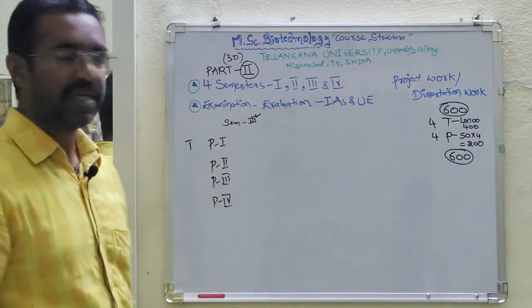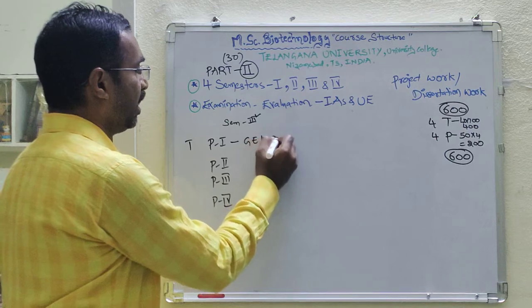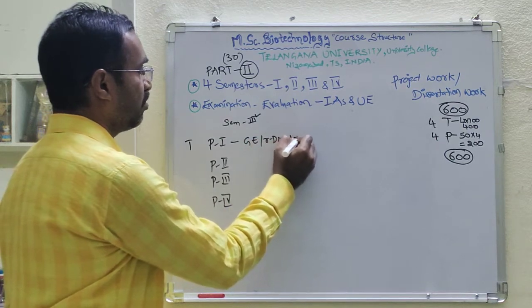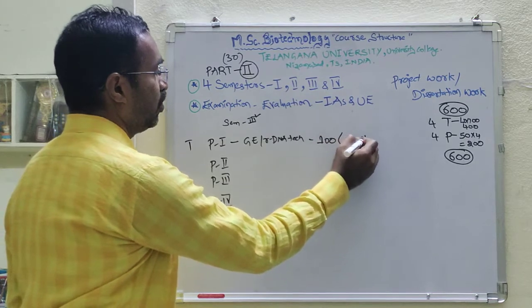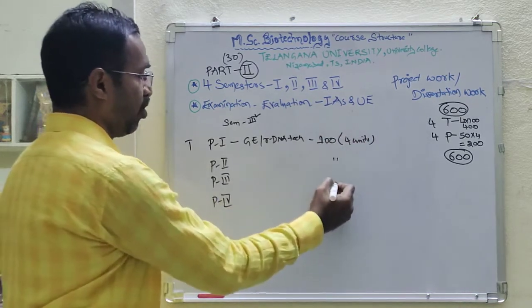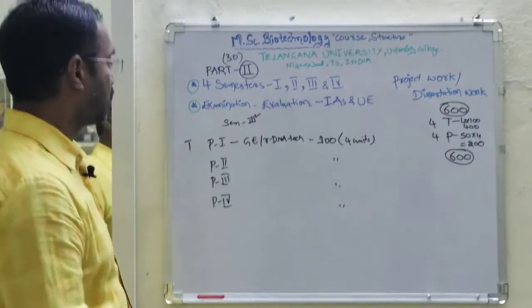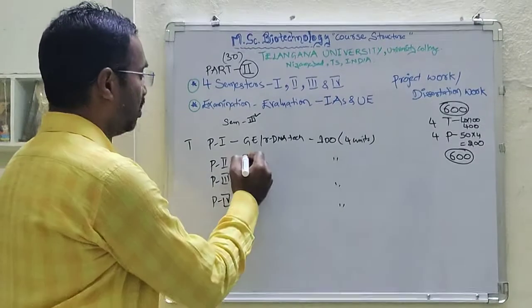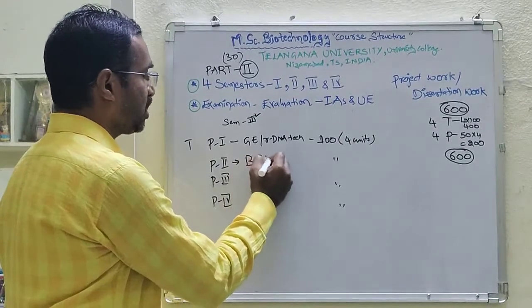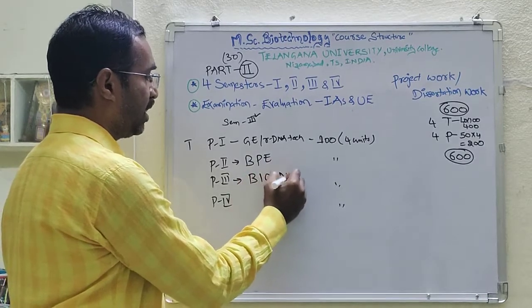The first theory paper is dealing with genetic engineering or rDNA technology. So same 100 marks, 4 units. All 4 are evaluated for 100 marks. The second paper is going to deal with BPE, Bioprocess Engineering, and the third paper is Bioinformatics.